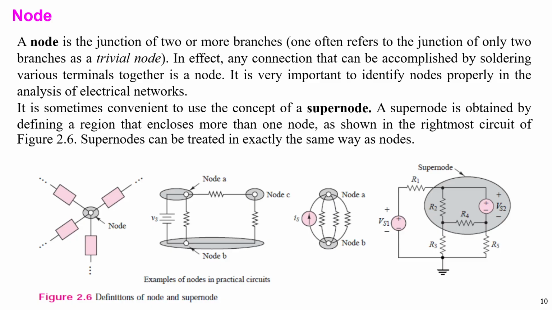And we can also have a supernode. If we treat this as one node together, and current flows through this node, we can also apply KCL. The current flowing in and out can use the theory of KCL as well.